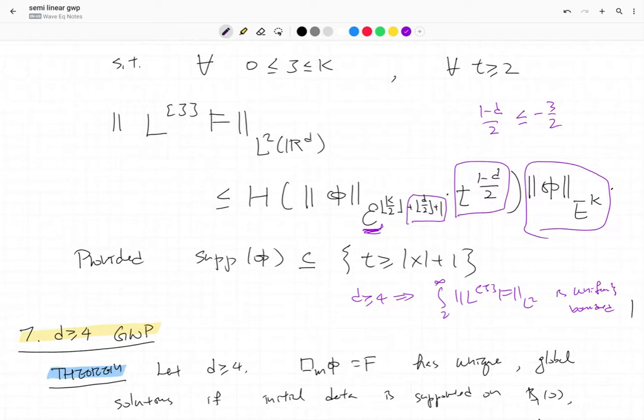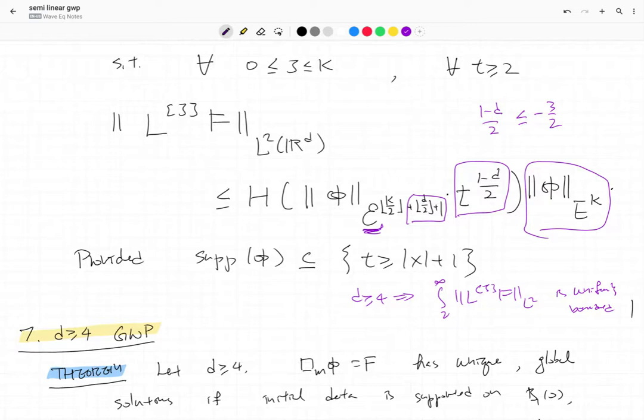Okay, if it's less than 4, if d is equal to 3, then 1 minus d over 2 is going to be exactly minus 1. So this will give you a logarithmic divergence. If d is equal to 2, this gives you growth like the square root of time. And in those situations, we run into the same sort of problem that we talked about earlier, where just assuming boundedness of the energy flux is no longer enough to prove that the energy flux of rho of phi is going to be bounded, because the energy flux of rho of phi is now going to grow logarithmically in the 3-dimensional case, and like the square root in the 2-dimensional case.